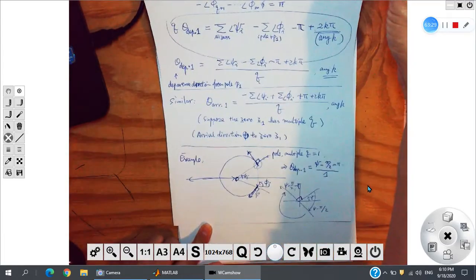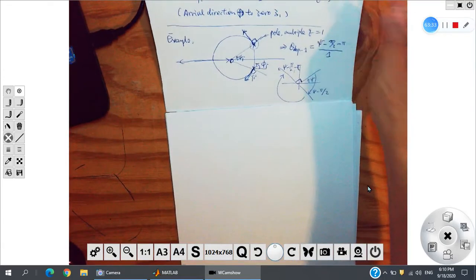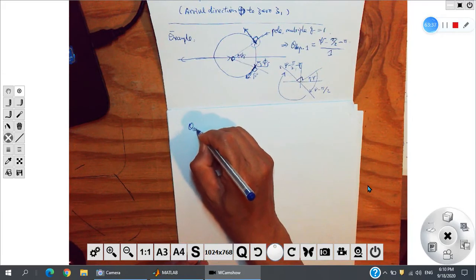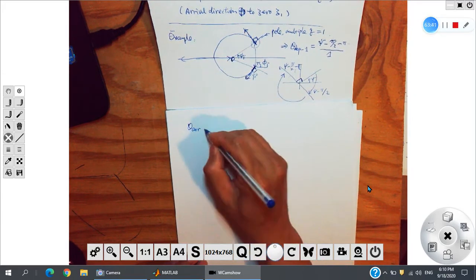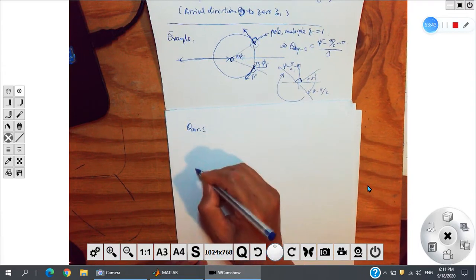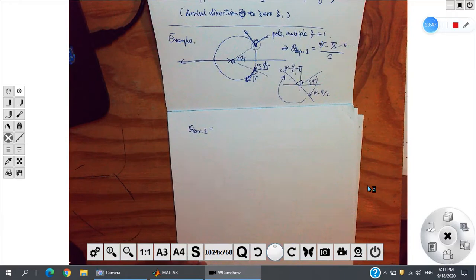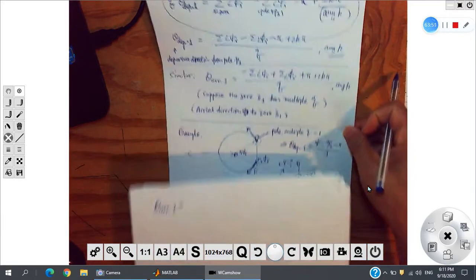Okay, we need to calculate the theta for the arrival, right? This one is the arrival direction. We only have one, right? It is that formula here.